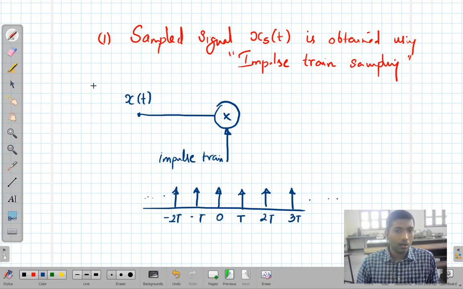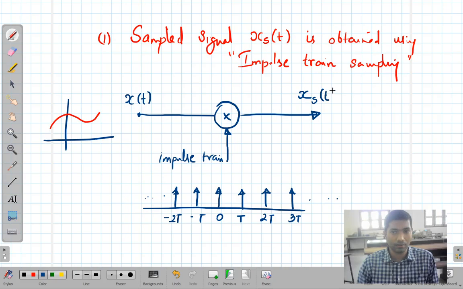If we have a continuous time signal like this, you multiply it with this impulse train, and you will get the sampled signal. The output will be the sampled signal x s of t, which is x of t multiplied by this impulse train. Let me denote the impulse train as del of t with suffix capital T. Remember, del of t represents the impulse signal at t equal to 0.